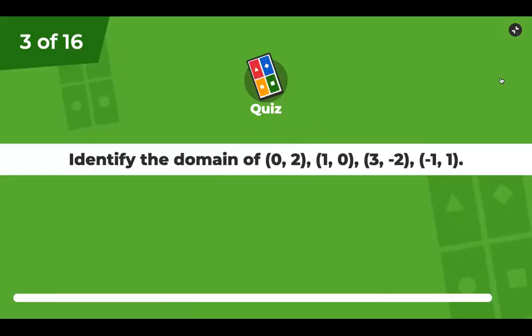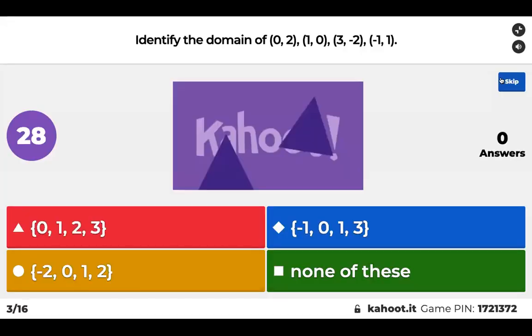All right, hopefully an easy one. Identify the domain.